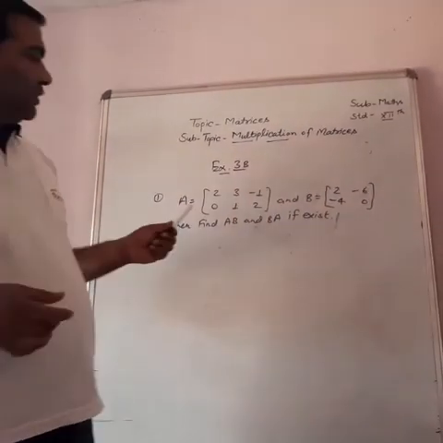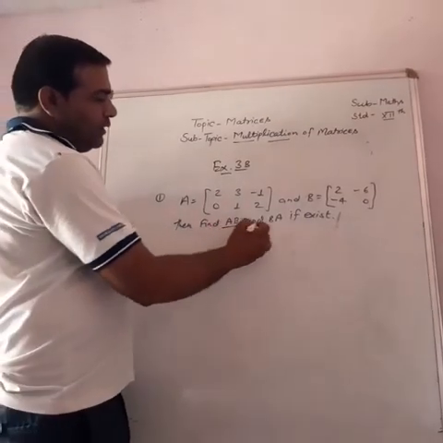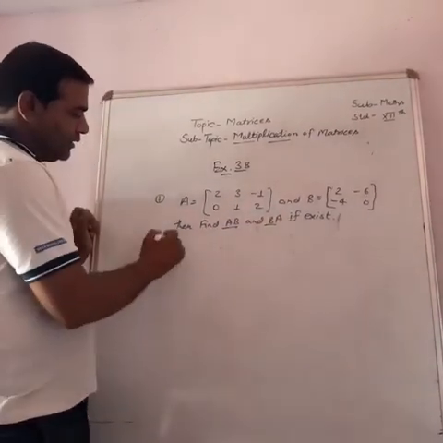Here two matrices A and B are given and you have to find AB and BA if they exist.